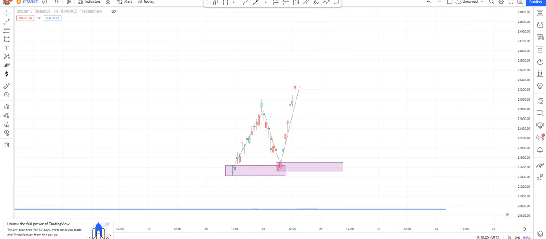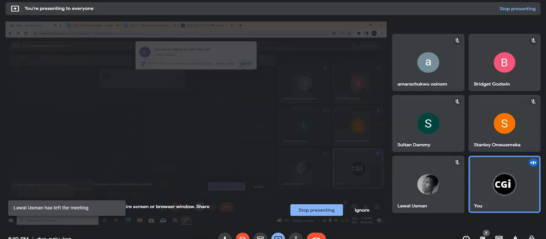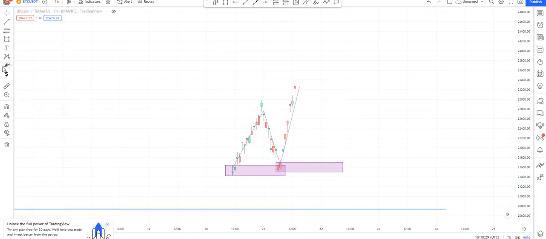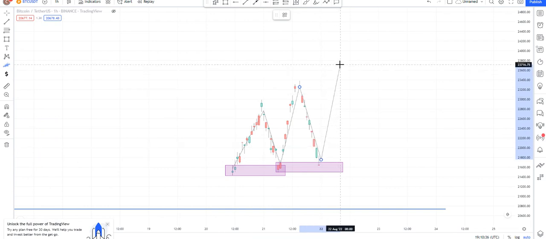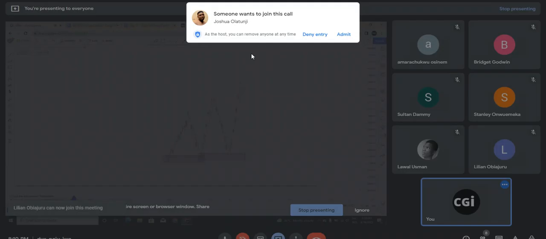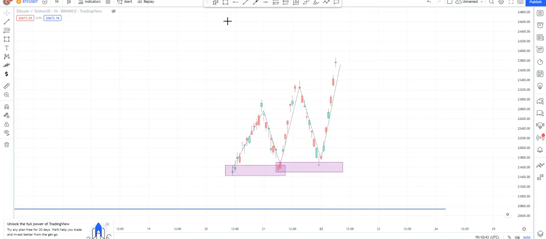So the propulsion block keeps on shifting. We keep on having more and more propulsion blocks as we go on. We could have another one. Price could drop again and keep moving. Then the new order block will be the next propulsion block, following the same fashion.